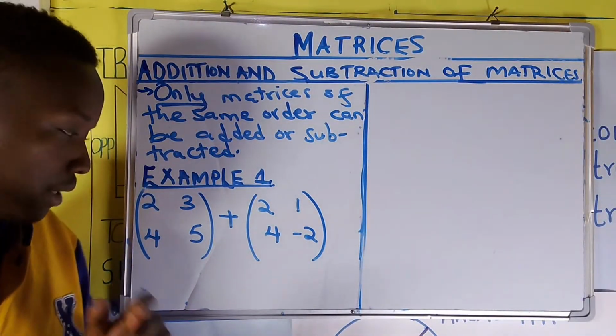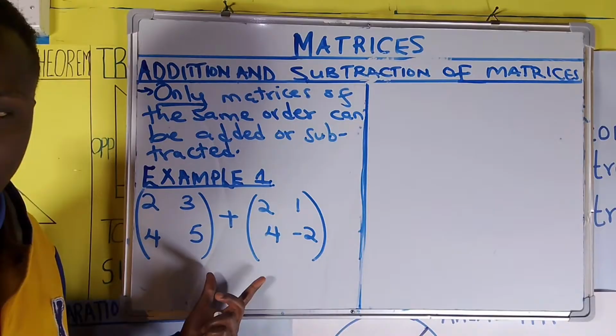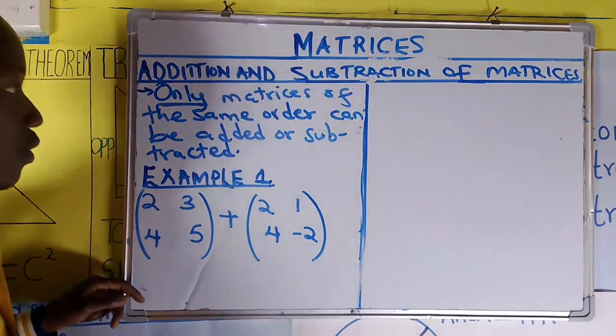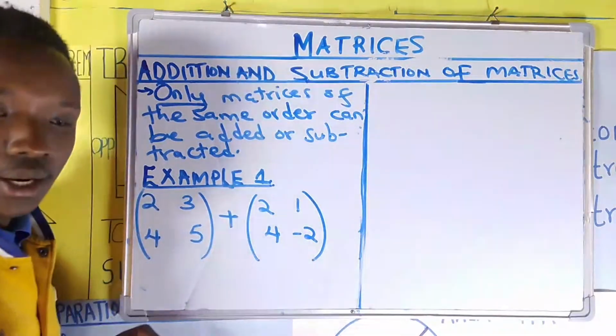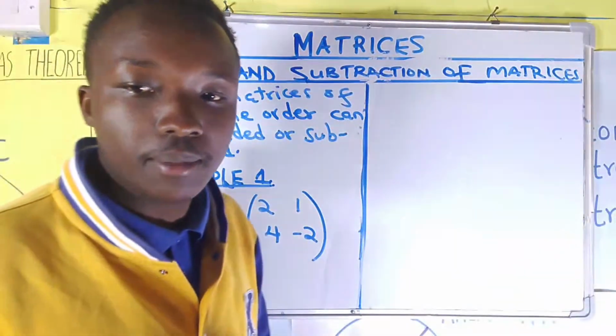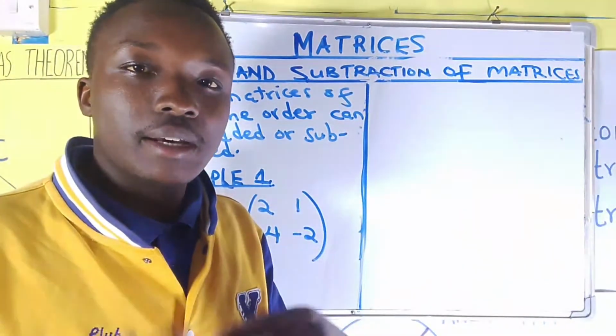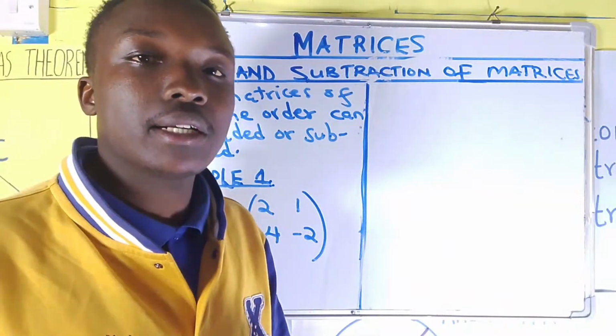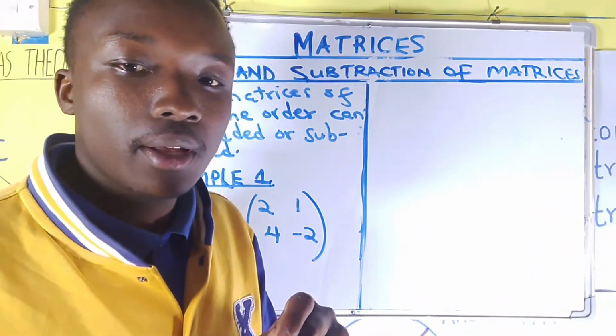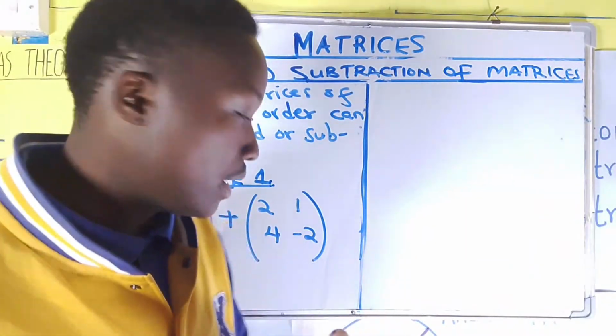By saying corresponding values, let me simplify this in simple terms. For us to add and subtract matrices, we add and subtract corresponding values.